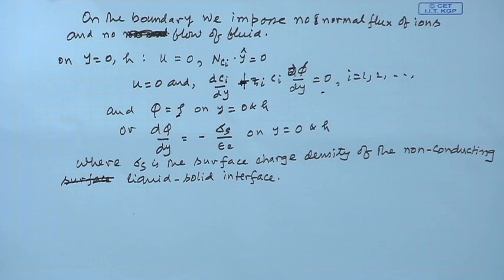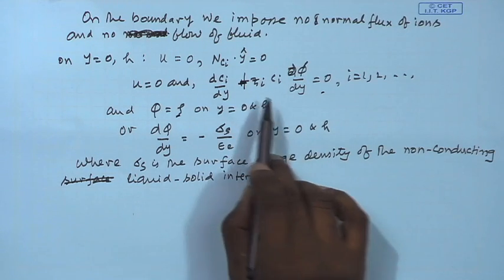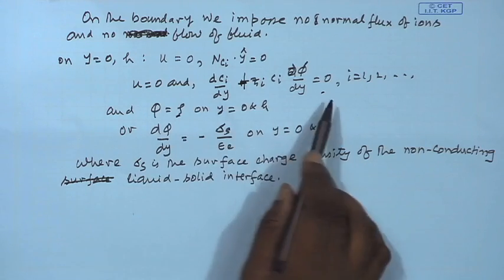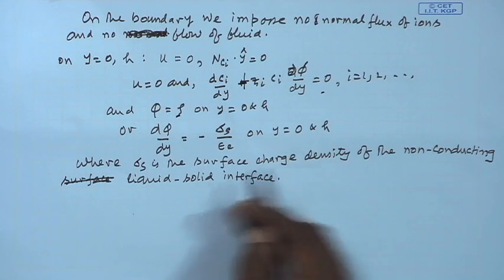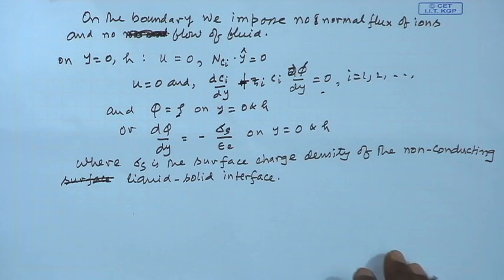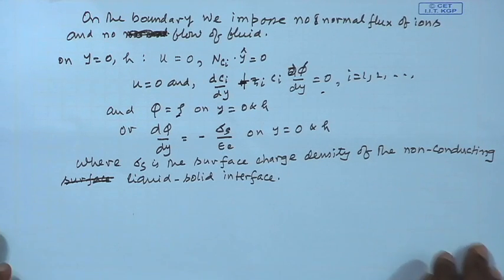Okay, and these boundary conditions can also be simplified a little. Since we are taking y equal to 0 and u is 0, one can assume a Boltzmann distribution on the surface itself. Only assume the Boltzmann distribution along the surface.